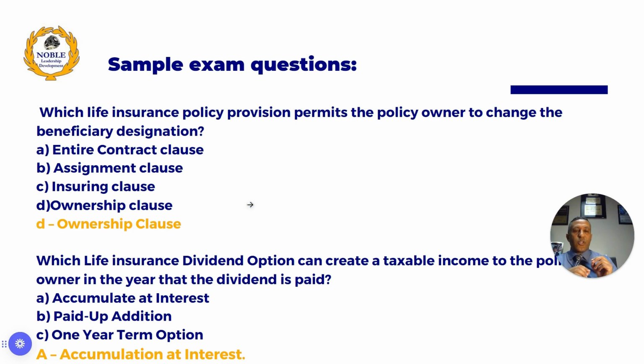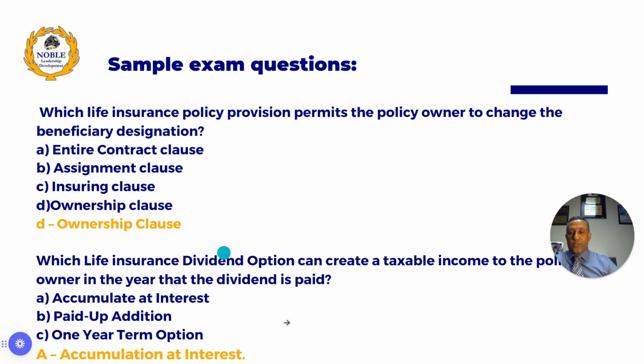So now it's talking about the owner changing the beneficiary designation. That's an ownership clause allowing that to happen. So you have the ownership, you can change beneficiary, right? And the insured cannot be changed as well, right? If the insured changes, it's a new application for life insurance, but you can change beneficiary, and that's the ownership clause.